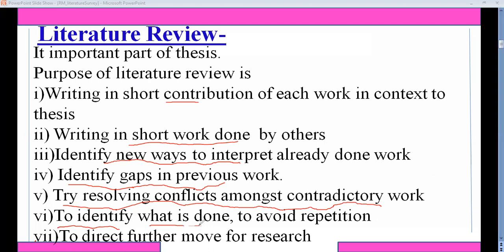The trend of the results we have obtained, we think that it should not be like that. In that case, you can repeat. But don't repeat the work which is already done. That is our purpose of doing the literature survey, to find out what is done and to avoid the repetition.